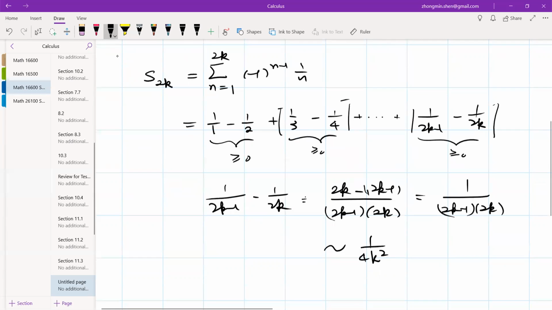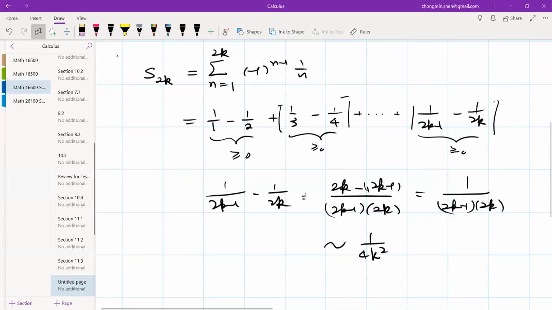If you call the first term B1, the second term B2, and then the general term Bk, when k equals 1, I get the first one.